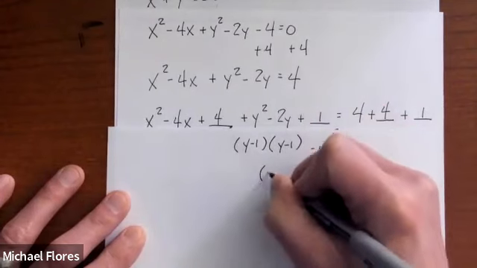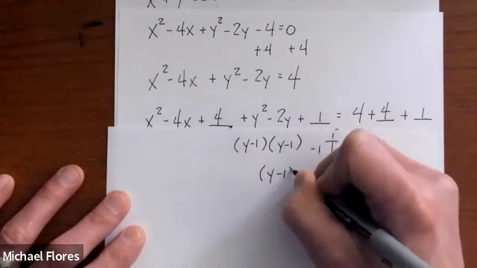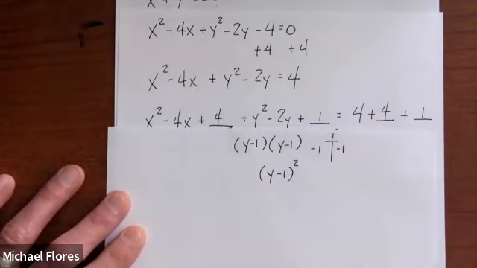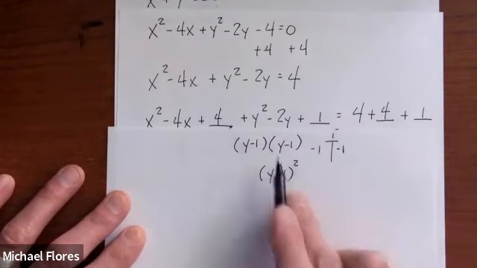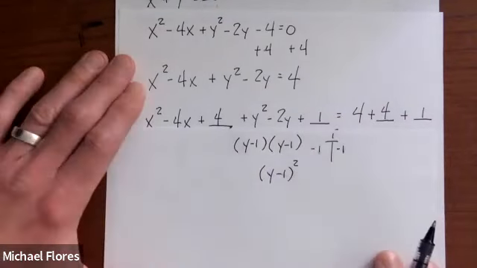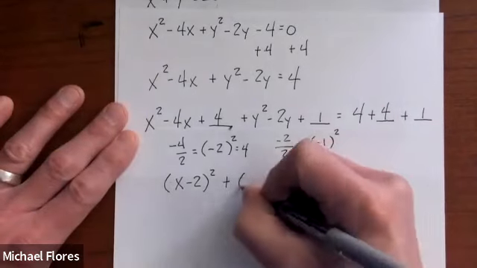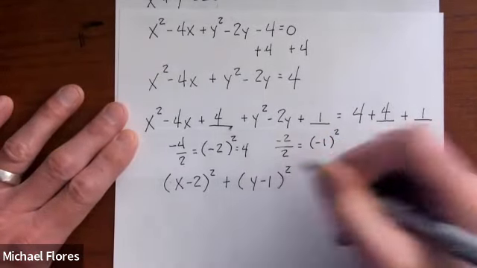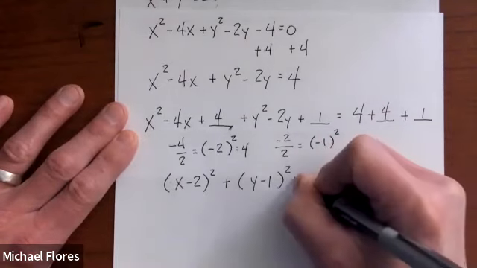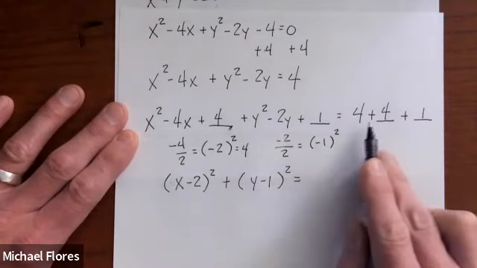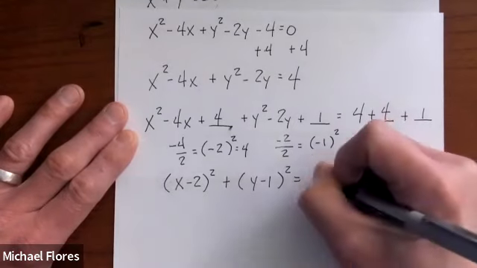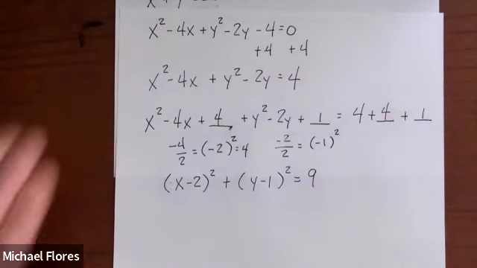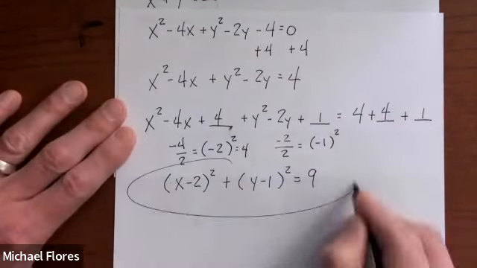They are exactly the same. So just keep 1 and square it. So this factors to (y - 1) squared. And now we can set that equal to 4 plus 4 plus 1, which is 9. And we've done it. That's our answer.